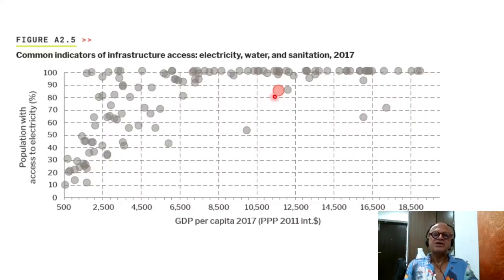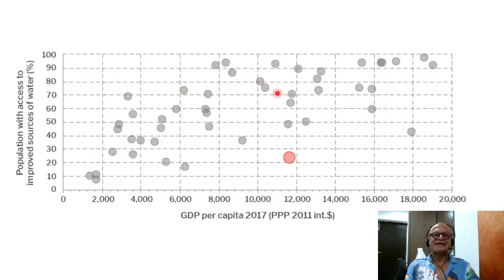So access in Mongolia to electricity is saturated at just under 90% for whatever reason, and that is not surprising in many ways because of remote places, people living in regions where electricity has not been wired in yet, and so on.